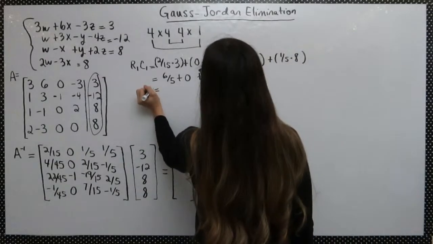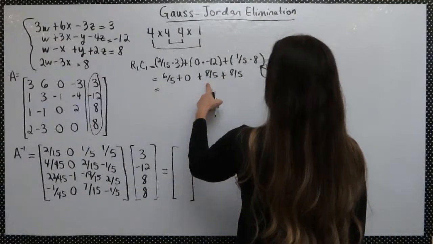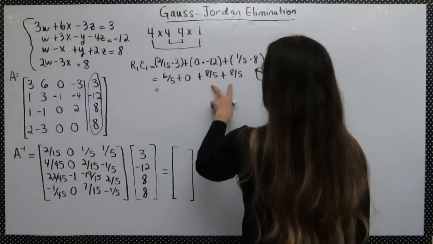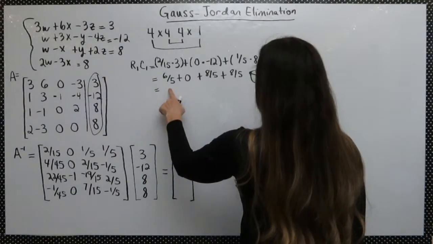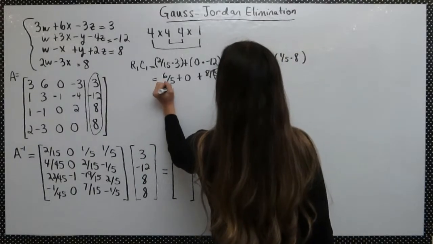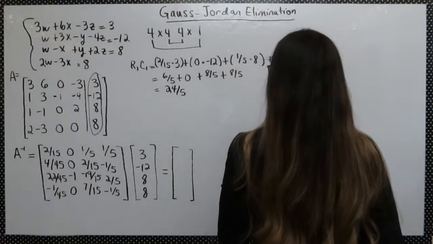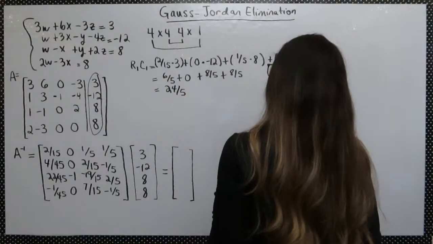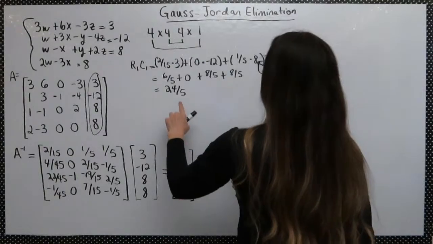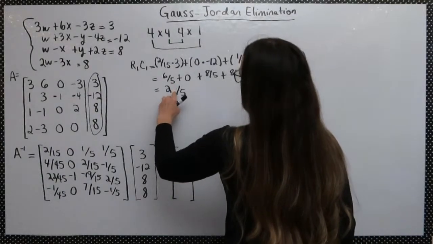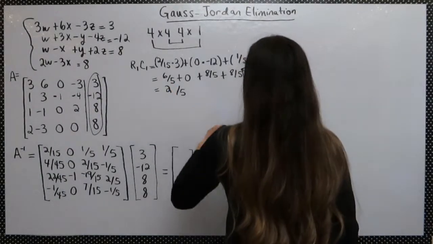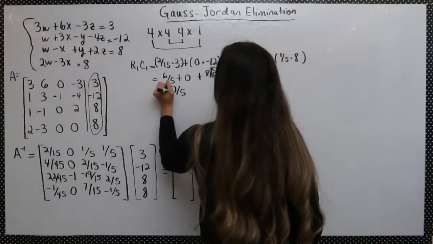And then that equals, so we got 6, 8, 8, so 16, and 6 more would be 24/5. I believe 16. Oh, 22 rather. No, I'm going to get that wrong. So it's 16 plus 6 more is 22, not 24.